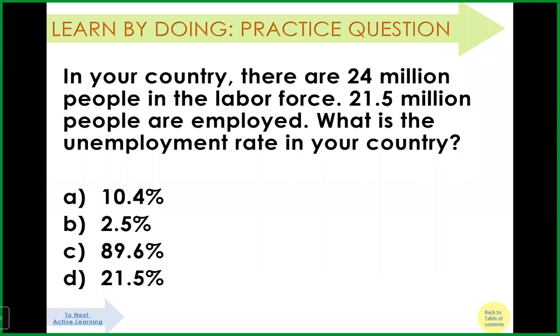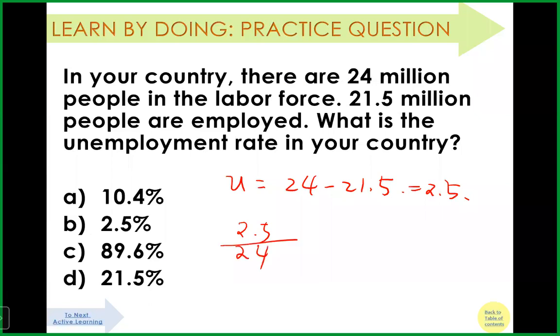Unemployed equals 24 minus 21.5, which is 2.5. Then unemployment rate equals 2.5 divided by 24. So I believe the answer is A.